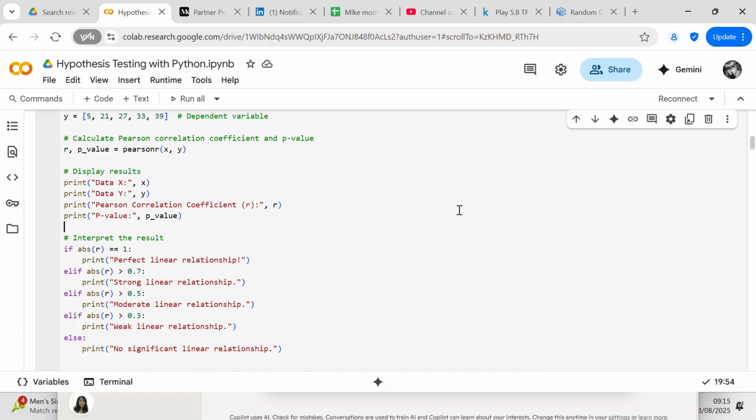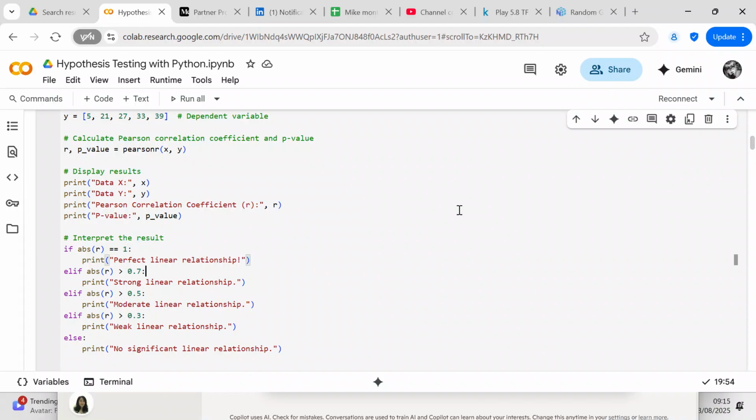Else if it was greater than 0.5, it was a moderate linear relationship. Else, if it was greater than 0.3, it's a weak linear relationship. Else, it was no significant linear relationship.